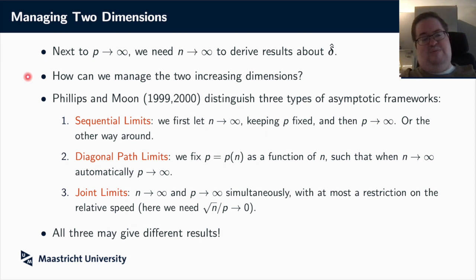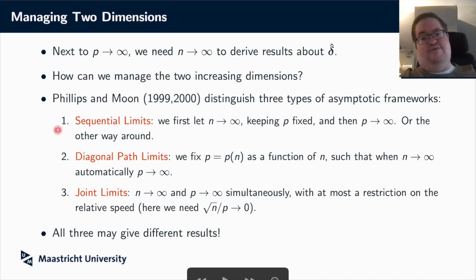So there are some papers which discussed the various ways in which you can let p and n go to infinity, and back then it was important to work this out because people were doing various things before and that could actually lead to very strange results. So Phillips and Moon distinguished three types of asymptotics.